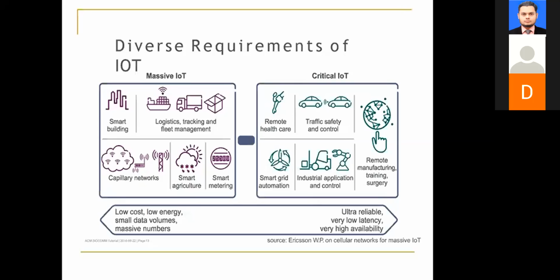But when we talk about critical operations, like traffic safety and control, the delay sensitivity of 5G will help you avoid collision between cars. It also covers healthcare systems, smart automation, and industrial application control, including manufacturing, training, and surgery.